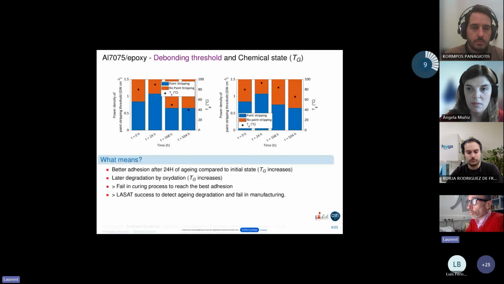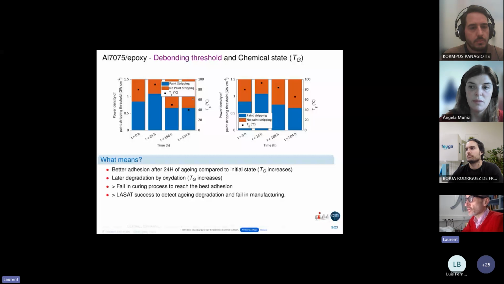This is where we gather all results for the different aged materials, from initial state to very high thermal aging, around 500 hours of aging. Here, we can see the line between the blue and the red zone corresponds to the debonding thresholds, the stripping thresholds.